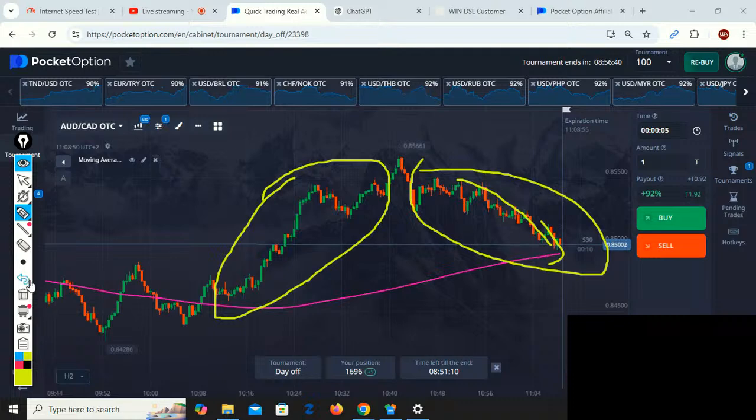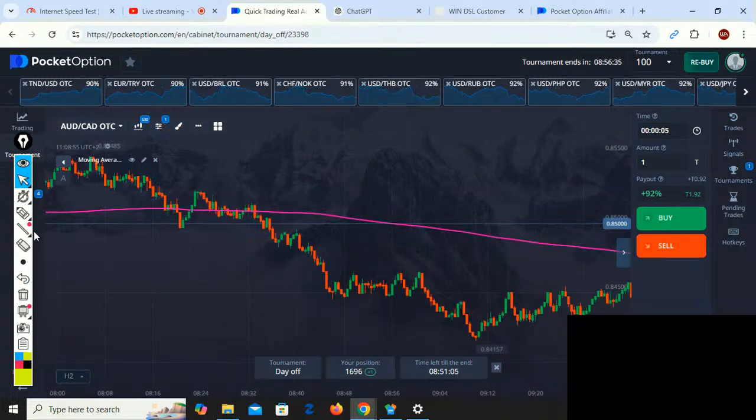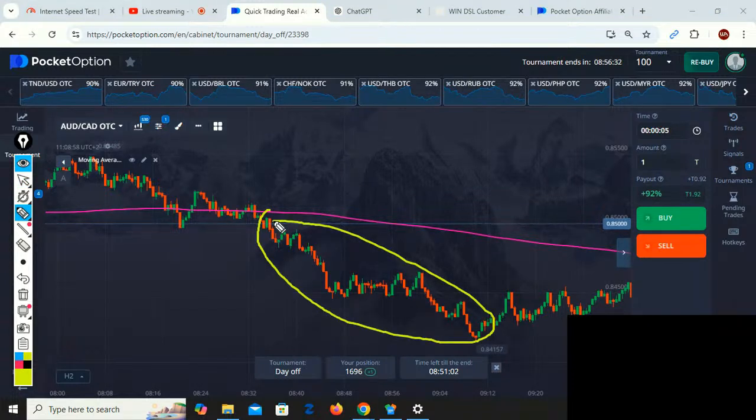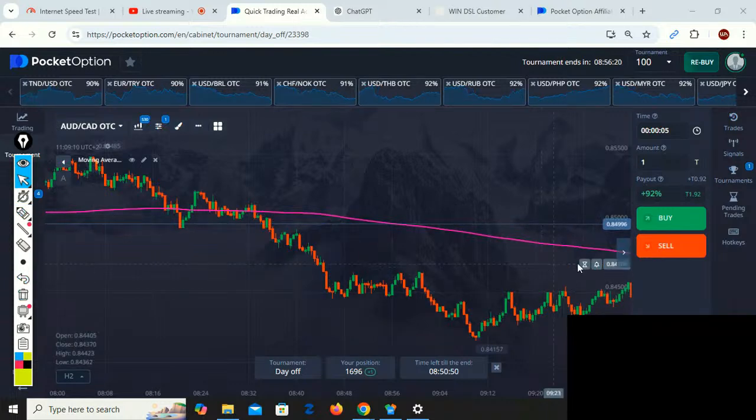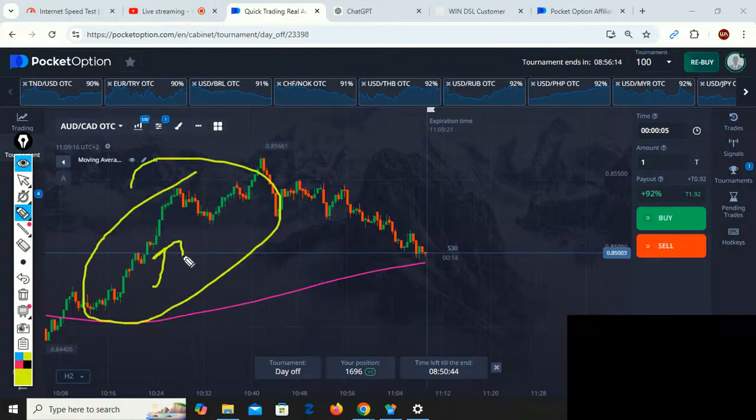However, I will prefer to see a situation like this happening, a clear downward momentum below the 200. So in this case, I'll take sells only. So whenever the price is below the 200 moving average, I will take only sell trades. If it is above the 200 moving average with a clear upward momentum like this, I'll take buy trades only.